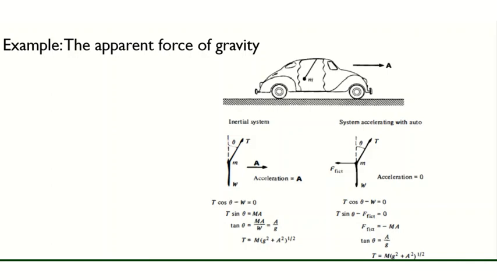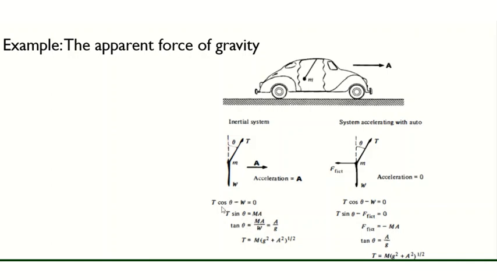So T cos theta is equal to the weight mg, or T cos theta minus W is equal to 0. Similarly, the horizontal components also balance each other. So T sin theta is equal to the force, ma.